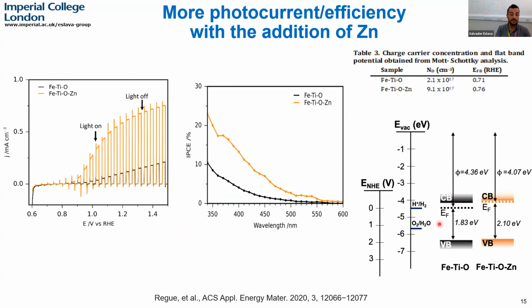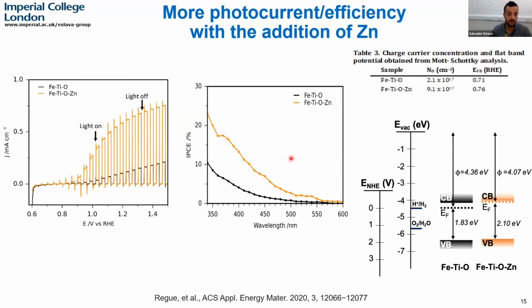We measured the photocurrents and we tripled the photocurrents. So the addition of zinc that boosts the iron titanate and avoids the formation of secondary phases that we don't want has a beneficial effect in the final photocurrent. We measured the incident photon to current efficiency, and this was more than doubled, in agreement with the best photocurrents.